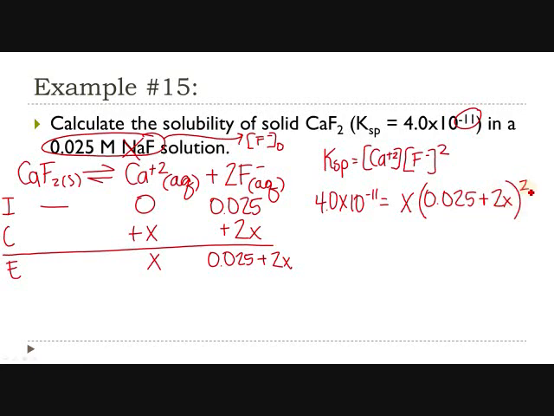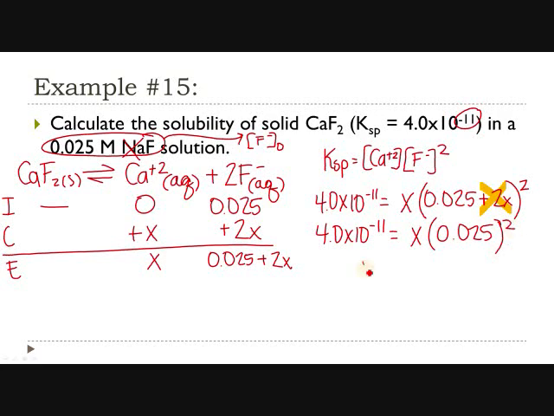So the assumption, remember what that means is you will take off any added or subtracted x's. So the only added or subtracted x here is this 2x. So we're going to get rid of that to simplify, so that'll now be x times the 0.025 squared.